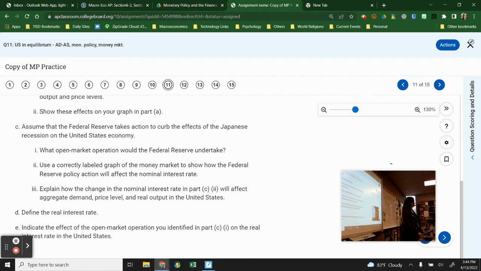Asset demand and transaction demand are the reasons that money demand is downward sloping. Okay. And that's the answer.